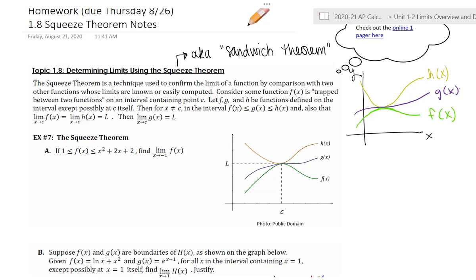This is the proper notation. Let's call this value here L for the limit, and this value is c.